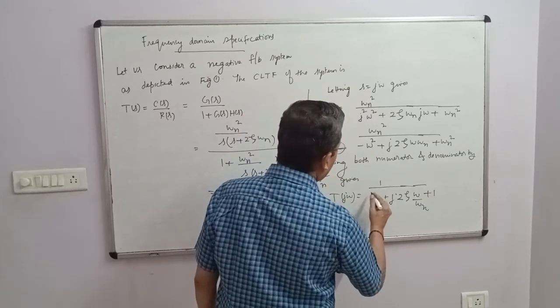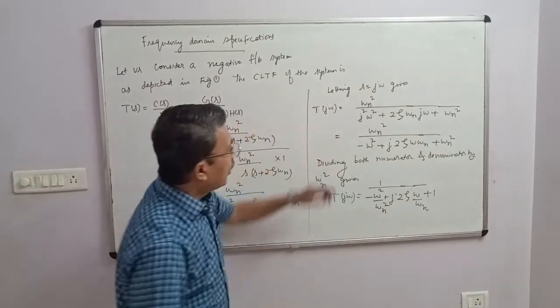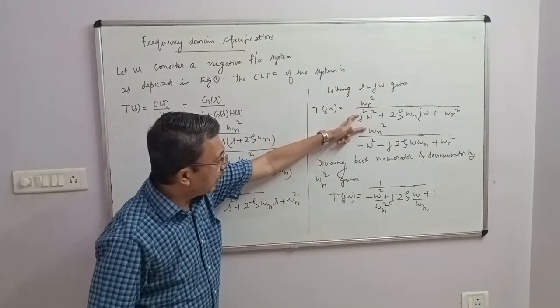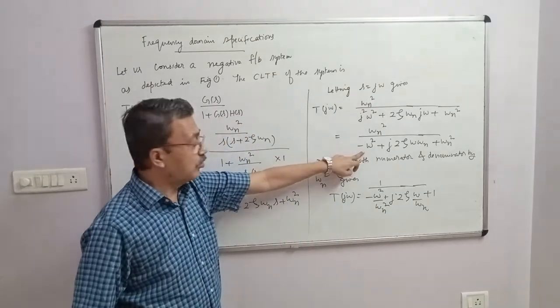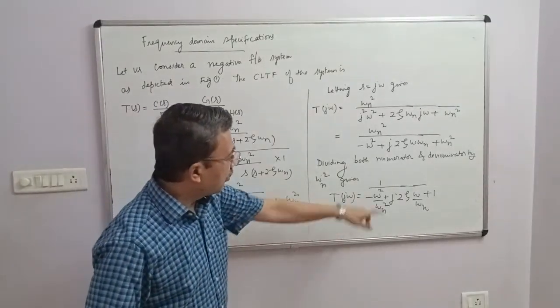Sorry, this is minus omega square by omega n square. What I have done is I divided the numerator by omega n square, denominator by omega n square. Okay, that gives T of j omega is equal to this much.